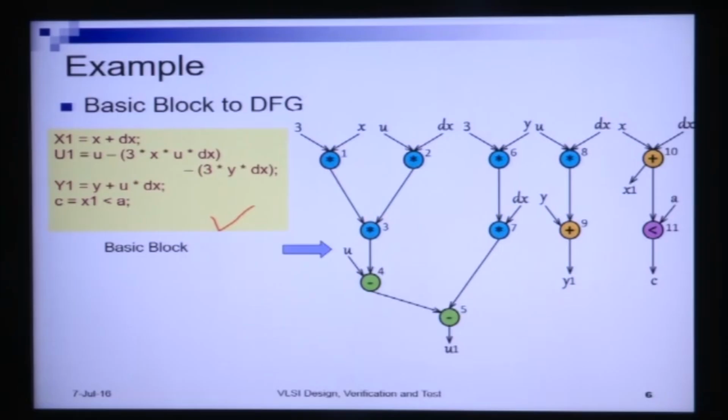Operation 7 performs the operation 3 into y into dx, and then operation 4 performs u minus 3 into x into u into dx, and in 5 we obtain the final u1. Similarly, we obtain the y1 and c variables as outputs of operation number 9 and operation number 11 respectively. Now given this data flow graph, we have to obtain the operation constraints graph.